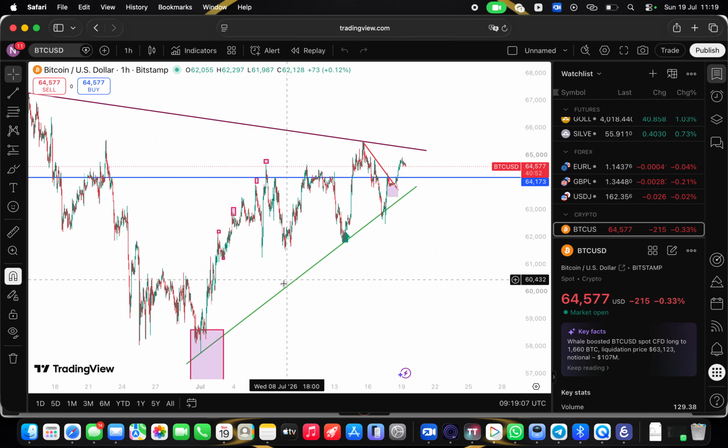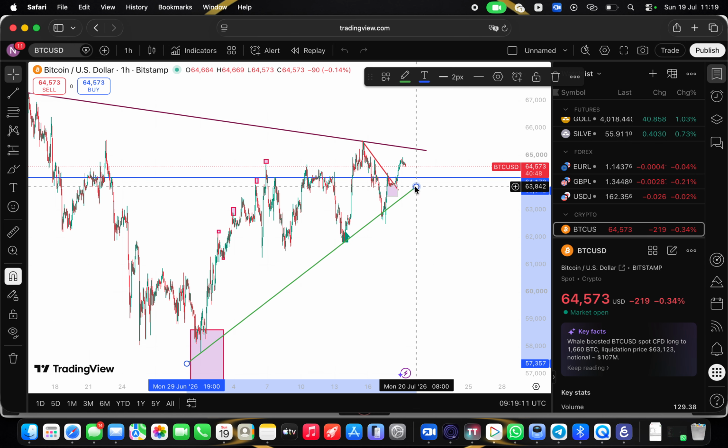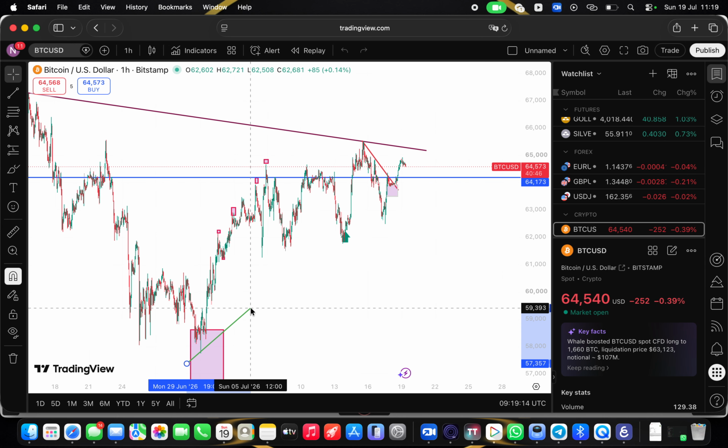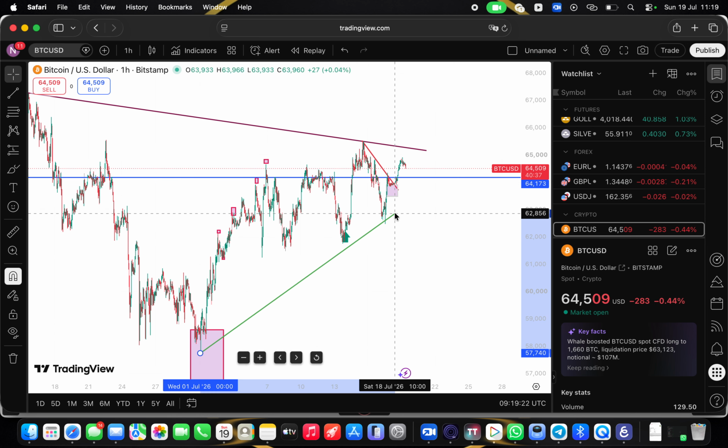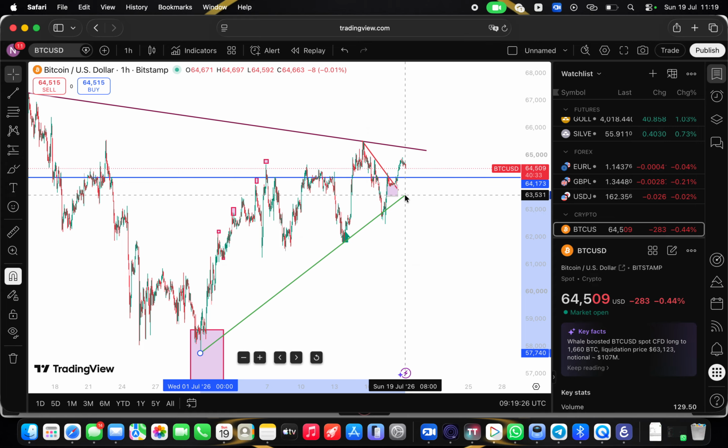As you can see here, I already have trend lines drawn. So how did I draw these trend lines? This is going to be my first connection. Okay, let me just move this here. And then I make sure that I touch the second point, all the way to the third point.